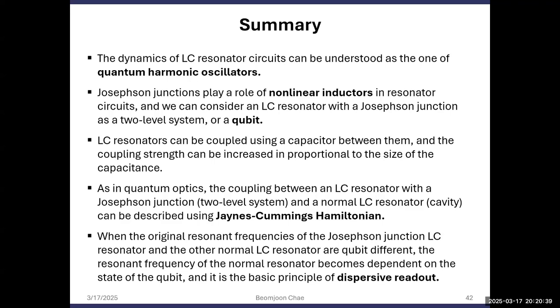Rather, the qubit has some effect on the resonant frequency of the resonator, which is called dispersive shift. Based on the principle of dispersive shift, we can read out the state of the superconducting qubit, which is called a dispersive readout.